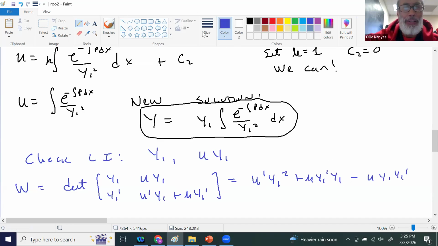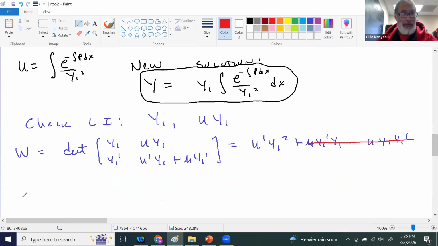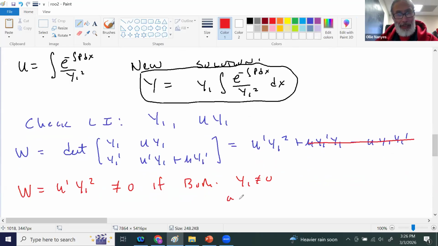Now, needless to say, these cancel out, so the Wronskian is actually equal to u prime y1 squared, and this is not 0 if, here's the thing, y1 is not 0. If y1 is 0, this would be 0.